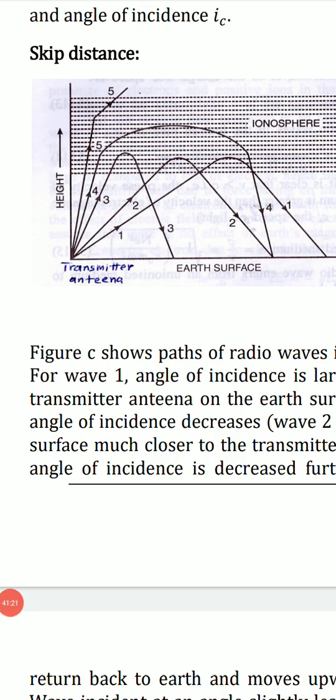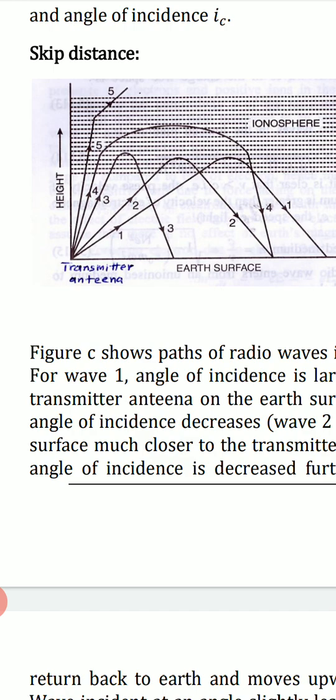For waves 1, 2 and 3, the angle of incidence is reduced, so the distance on Earth's surface for these waves from the transmitter antenna will decrease continuously. But a situation comes when the angle of incidence is reduced further.